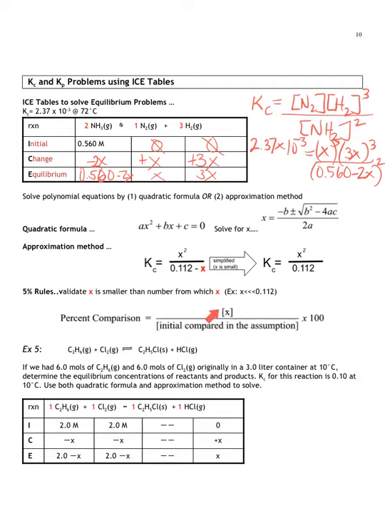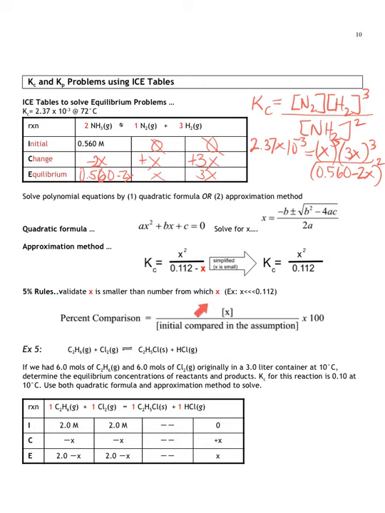So you solve for x in this instance, and then you compare it to the original amount that you zero the x from. So the amount is 0.112. So that's the initial compared amount that you assumed x is small comparatively. And then you times it by 100, and that will give you a percent. That percentage needs to be less than 5% in order for us to be able to say that x is quite small.